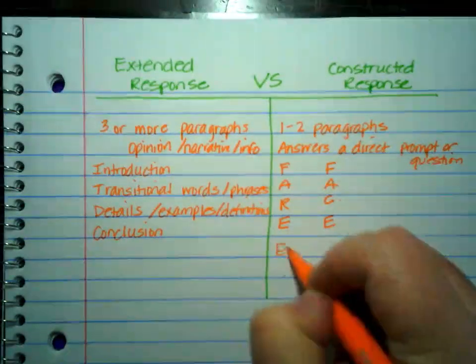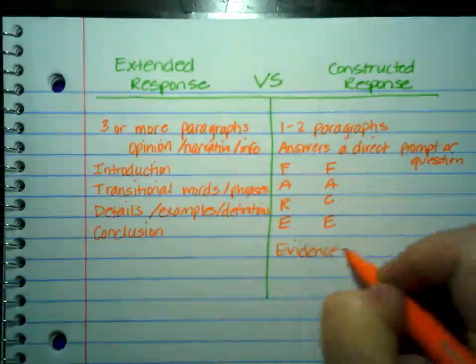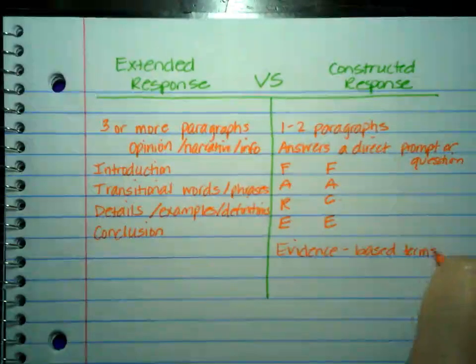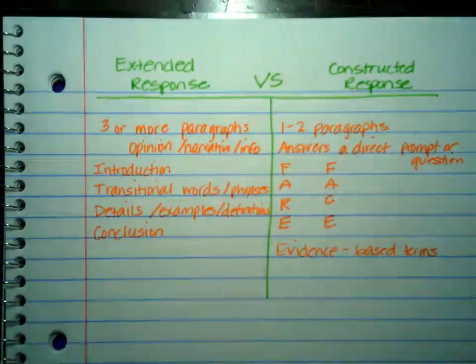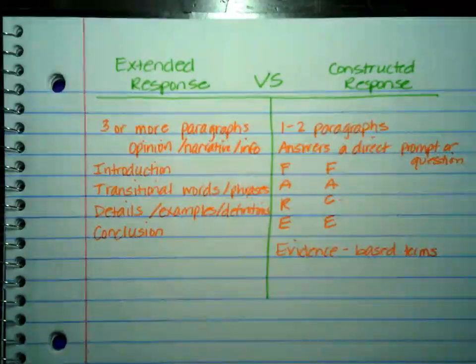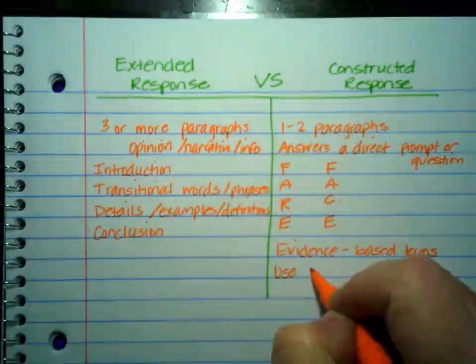You would also include evidence-based terms, and we will review what those are. Those are terms like, for example, according to the text, from the reading I know, the author states, things like that. So you'll have evidence-based terms, and you will also use evidence to support your answer.